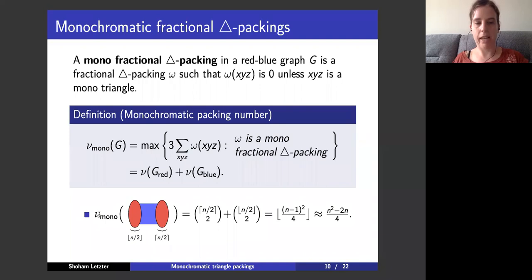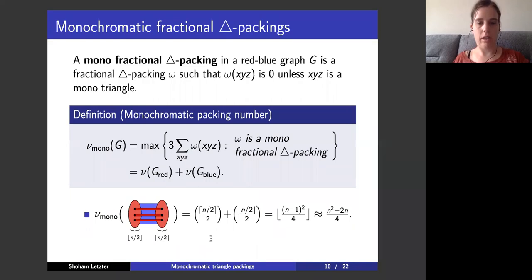And so the packing number of this thing is the number of edges here plus the number of edges here, which works out to be n minus 1 squared over 4 rounded down, or roughly speaking, n squared minus 2n. And you can do a slight variation on this. You can add some matching between the two sets. And this wouldn't change anything because these edges do not participate in any monochromatic triangle.